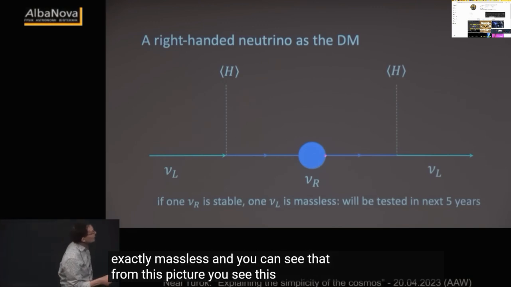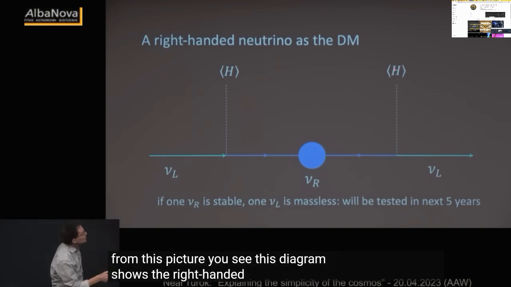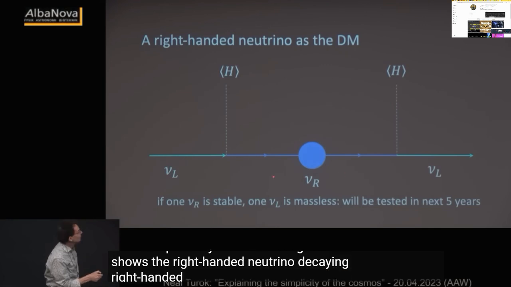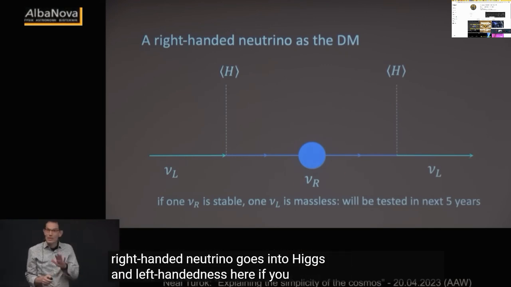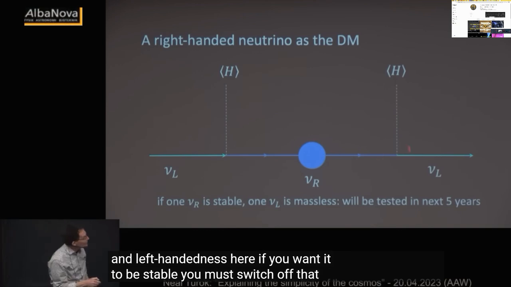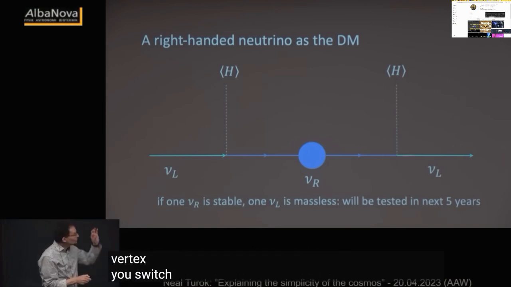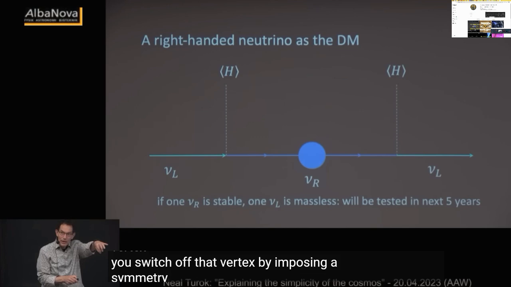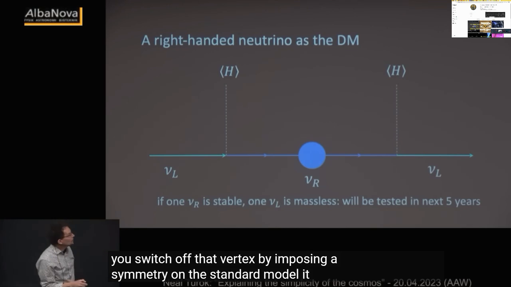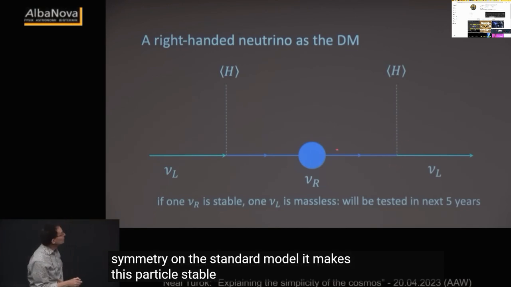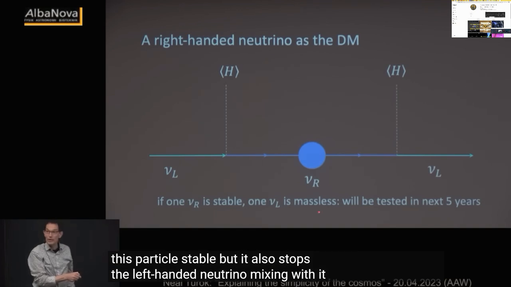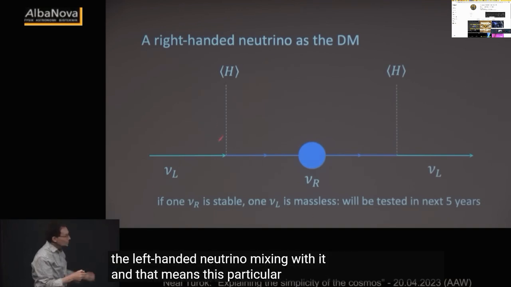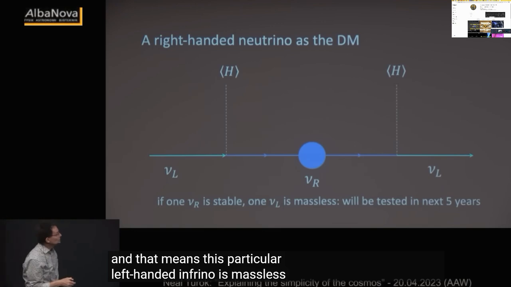This diagram shows the right-handed neutrino decaying. Right-handed neutrino goes into Higgs and left-handed neutrino. If you want it to be stable, you must switch off that vertex. You switch off that vertex by imposing a symmetry on the standard model. It makes this particle stable, but it also stops the left-handed neutrino mixing with it. And that means this particular left-handed neutrino is massless.